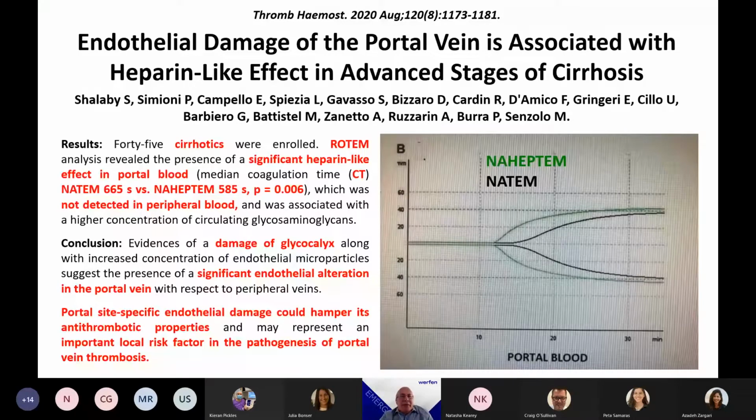Another point is that we know that there are so-called endogenous heparin-like effects. So we know that during liver transplantation, but also in patients with cirrhosis and infection, we can recognize this so-called endogenous heparin effect. But the question is what to do. Because what does that mean? There is a damage of the endothelial glycocalyx during reperfusion or also in cirrhotic patients with infection.